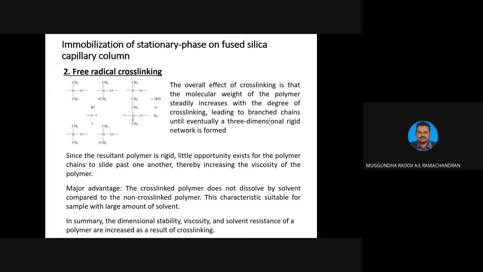Therefore, it will increase the viscosity of the polymer. The advantage of the cross-linked polymer is that it is not dissolved by the solvent, compared to the non-cross-linked polymer. This property is suitable for samples with a larger volume of solvent. In summary, the dimensional stability, viscosity, and solvent resistance of the polymer are increased as a result of cross-linking.